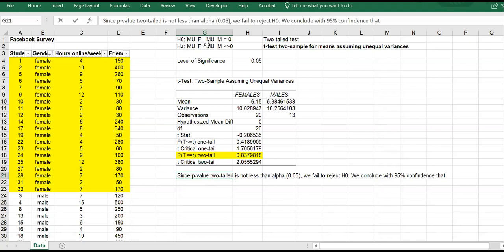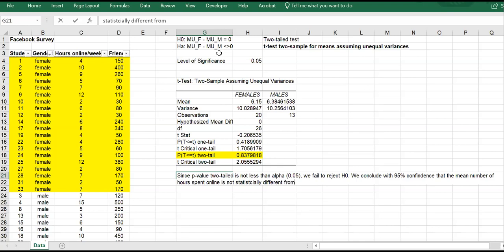We conclude with 95% confidence that the mean number of hours spent online is not statistically different for males and females.